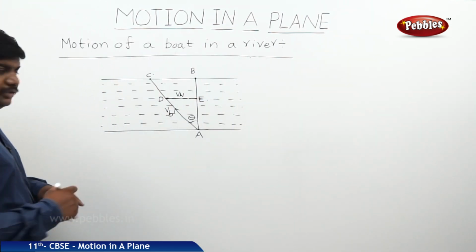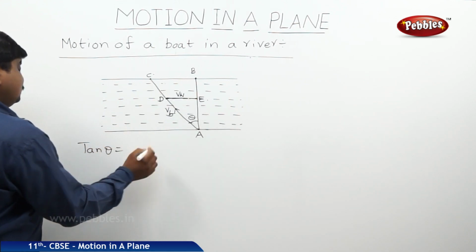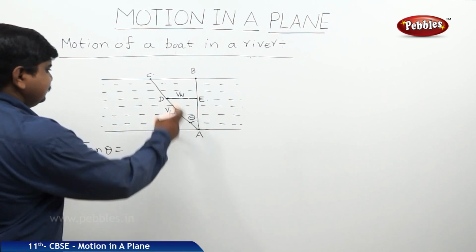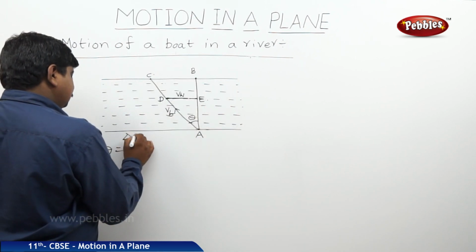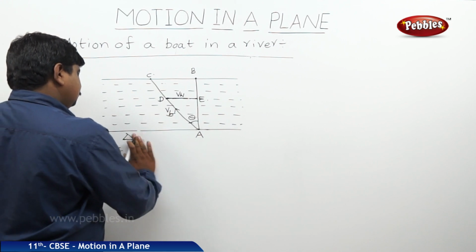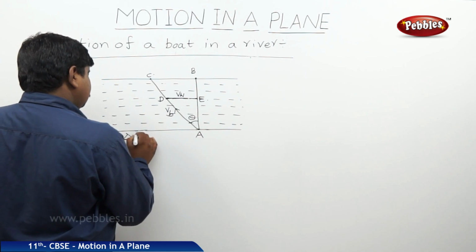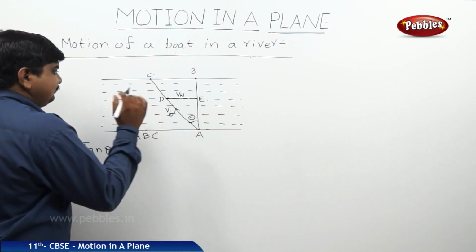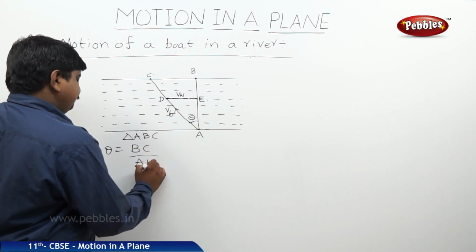The next concept is we should find out tan theta from the figure for the resolution of the velocity vectors. So if ABC is the triangle, tan theta is equal to BC by AB.